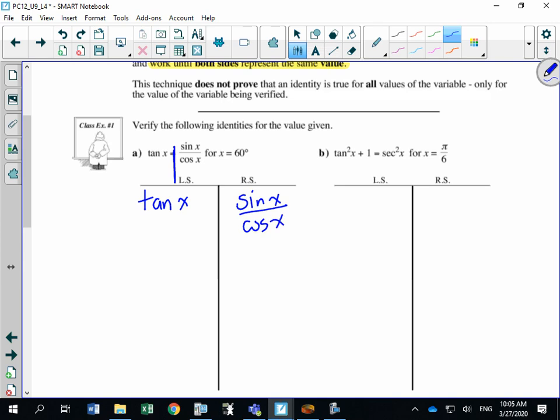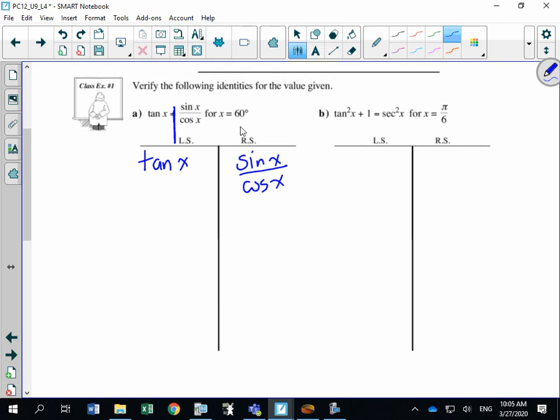What they want me to verify is when x is 60 degrees. So you'd say, okay, the tan of 60 degrees on the left-hand side, sine of 60 degrees over cos of 60 degrees on the right. If these two are equal, then I've verified this identity.